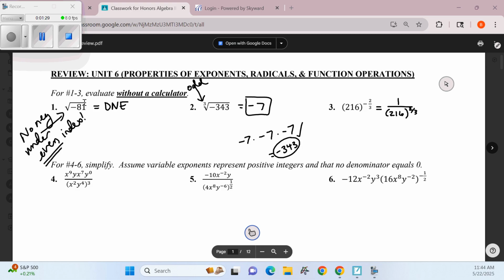So this is the same thing as saying 1 over the cube root of 216 squared. Remember, you really could put that squared exponent on the inside of the radical or out, but I don't know what 216 squared is off the top of my head, so I'm going to keep it out. Again, the cube root of 216 is 6. So this becomes 1 over 6 squared, which is equal to 1 over 36.